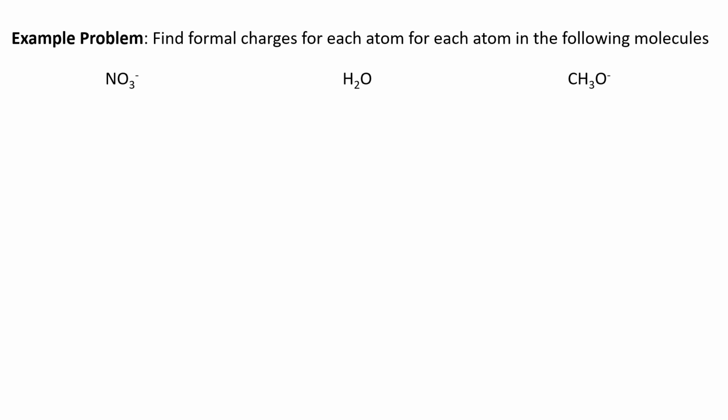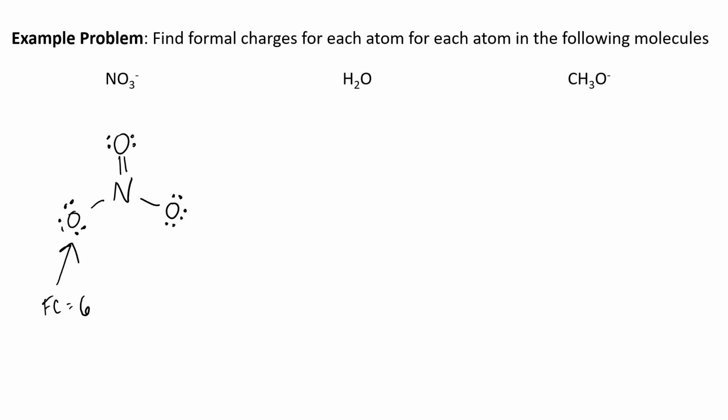So if you want to calculate the formal charge on NO3, that's the nitrate ion, you first need to draw a Lewis structure. So this is the Lewis structure for nitrate. And let's do the formal charge on this oxygen.